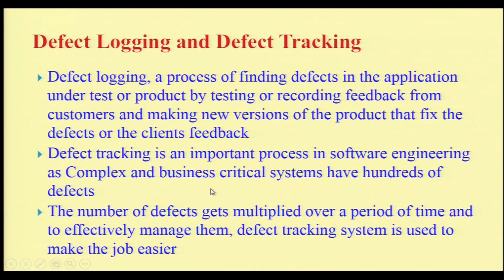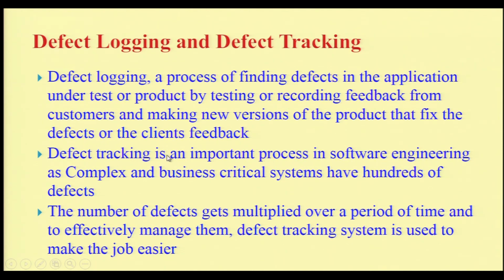Now let us see about the defect logging and defect tracking. Defect logging is a process of finding defects in the application under test or product by testing or recording feedback from customers, and making new versions of the product that fix the defects or the client feedback.